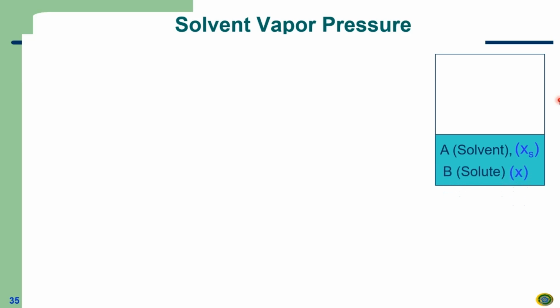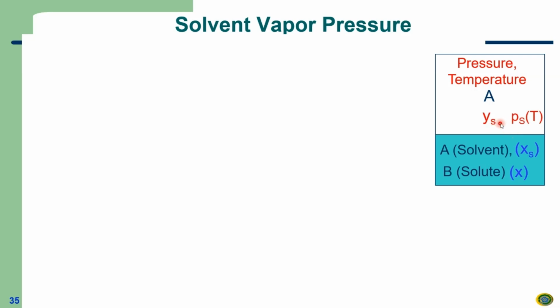And then the solute, for example sugar. If we put sugar into this water, we can use x as the molar fraction of the sugar in the water. Under different temperature and pressure, we will get a different vapor pressure of the water and molar fraction of the water. That's what we practiced last week and the week before.